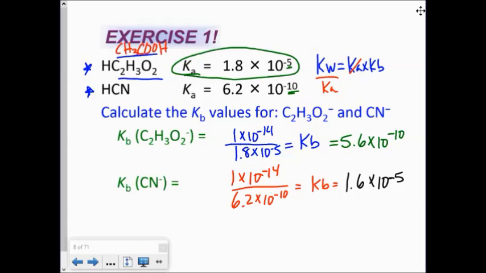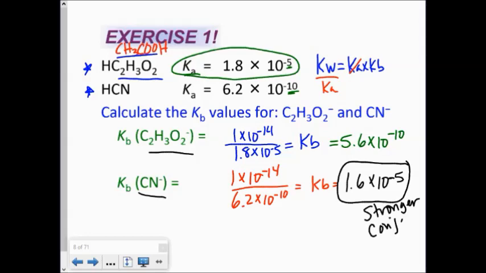But also the reverse is true, and this is where you need to pay attention. Looking at our two conjugates here, we have cyanide and we have acetate. Out of those, which is the stronger conjugate base? This one is the stronger conjugate base. And that makes sense because if you have a weak acid, your conjugate base will be stronger.